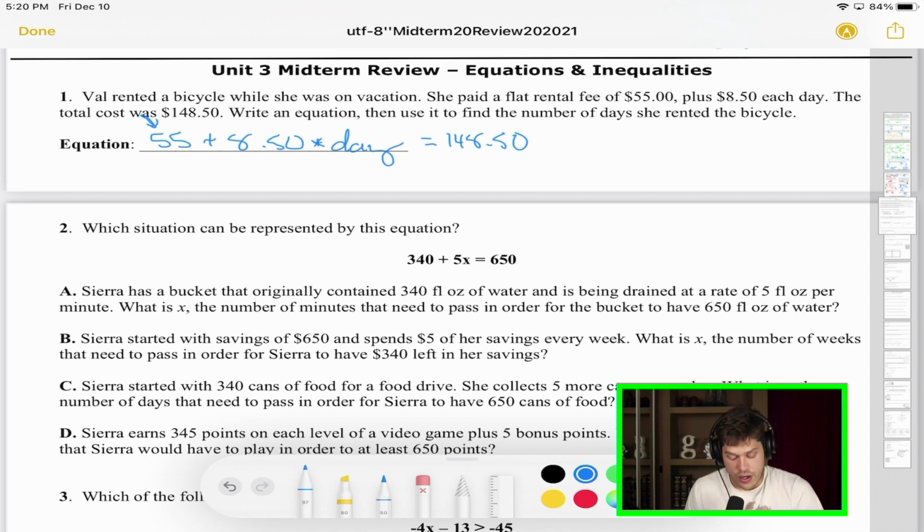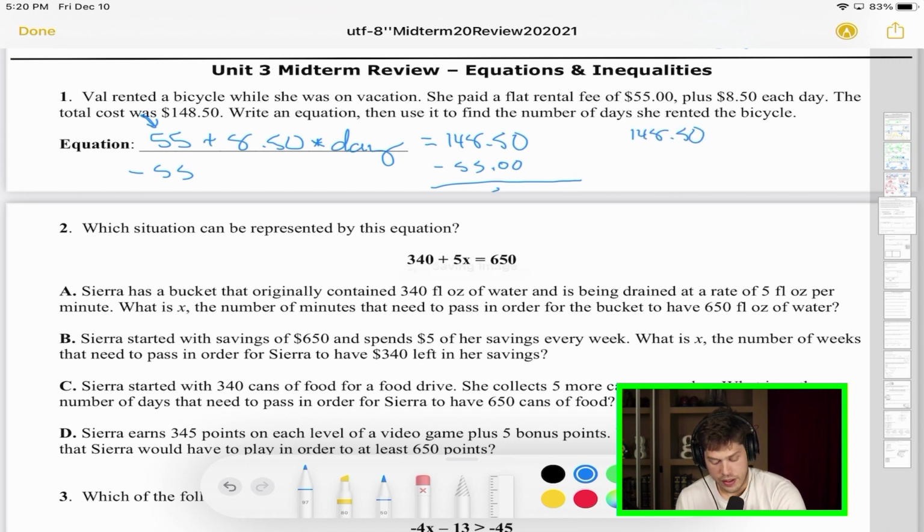We're going to subtract 55 from both sides. Minus 55, minus 55. So I'm running out of room. I can't write in this gray area, so I'm going to rewrite this part over here.